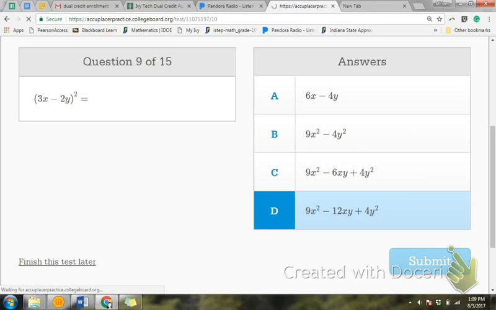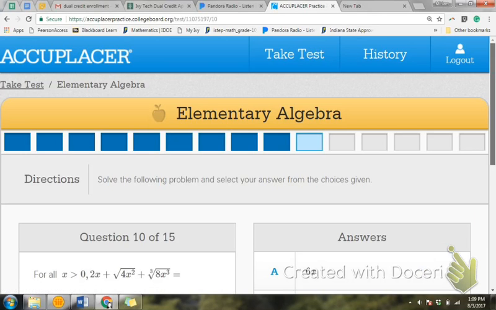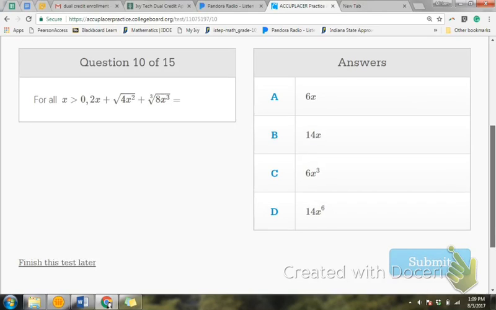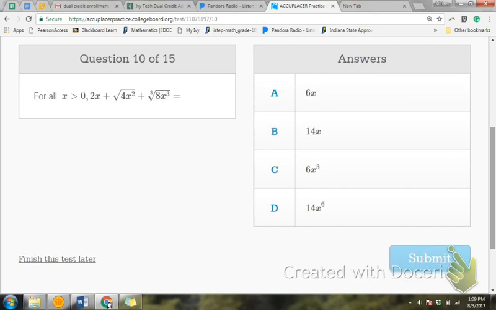Difference between $600 and no math class. Oh, okay, this is a good one. For x greater than 0, 2x plus the square root of 4x squared plus the cube root of 8x cubed. Seems like a lot of information. So let's talk about this because it's not as scary as it seems.